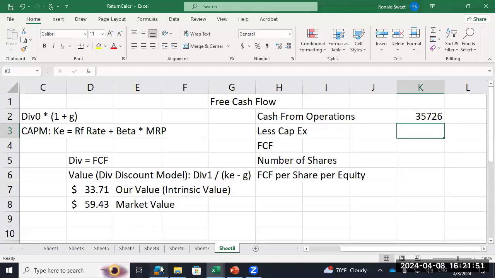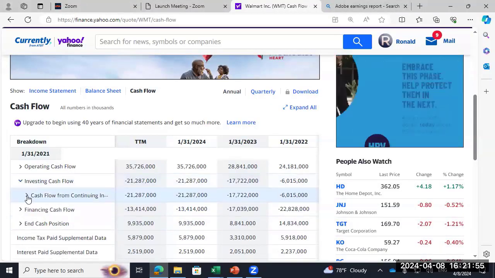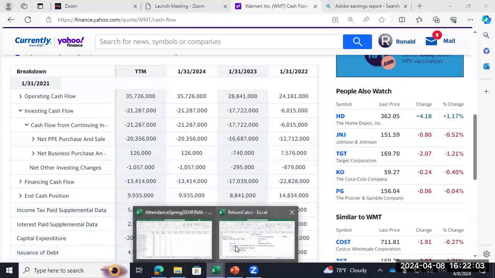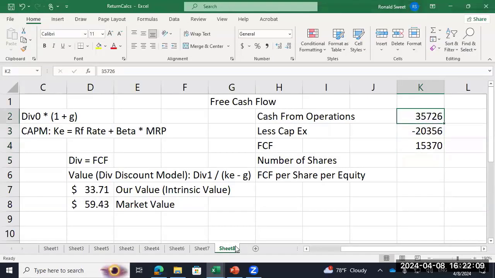Their CapEx can be a little questionable. It's under investing activities. I like to use this net PP&E line, 20,356,000,000. So that gives me a free cash flow of 15,370,000,000.